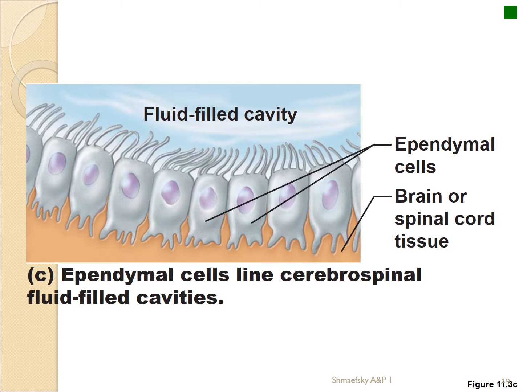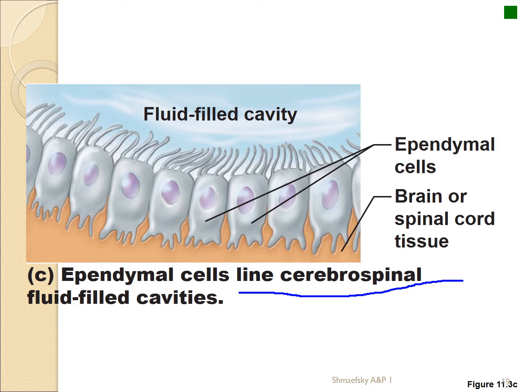Now, the ependymal cells are slightly different than what we've seen before. These are not so much associated with neurons in the central nervous system as the previous cells we've seen, but they mostly line parts of the central nervous system, particularly the brain and much of the spinal cord.